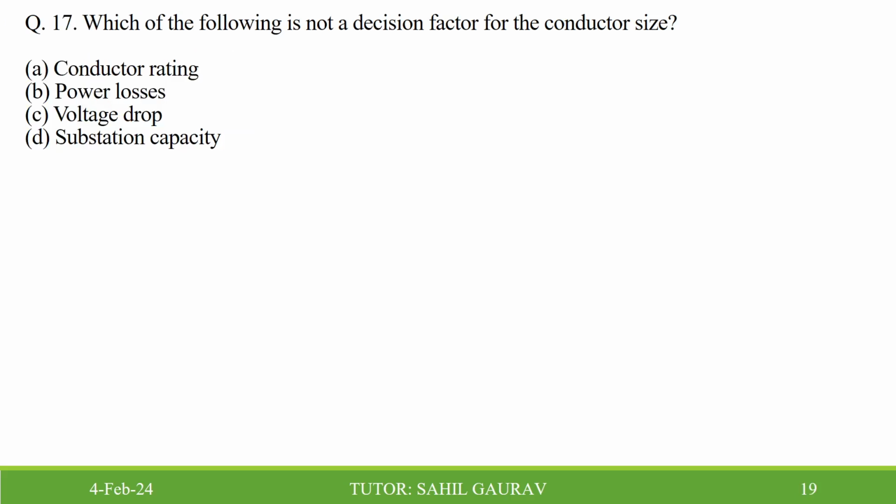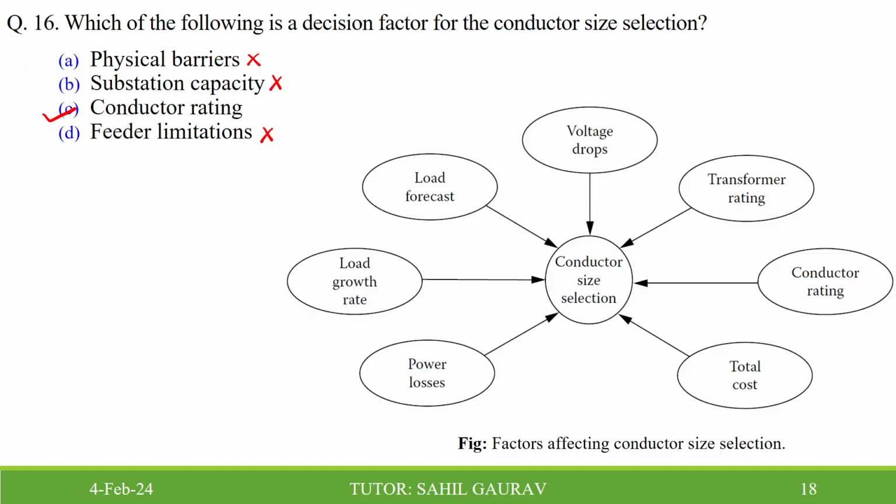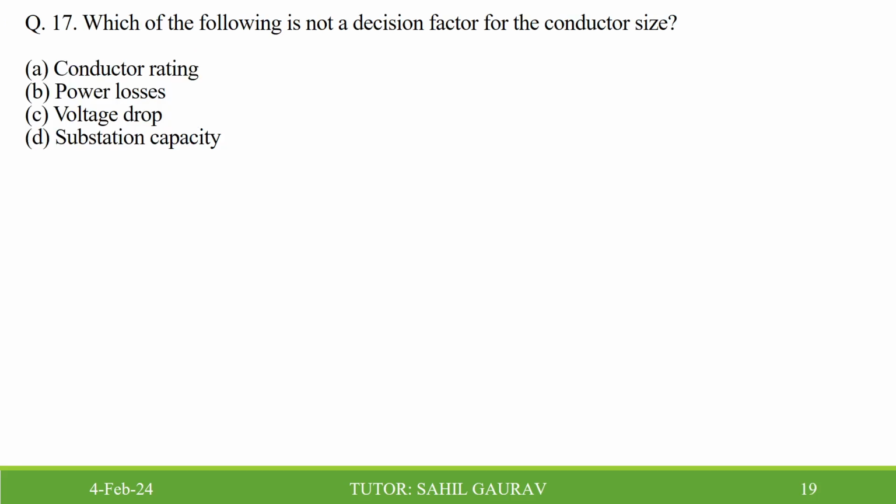Now the next problem: which one of the following is not a decision factor for the conductor size selection? Conductor rating, obviously, is one of the decision factors for conductor size.